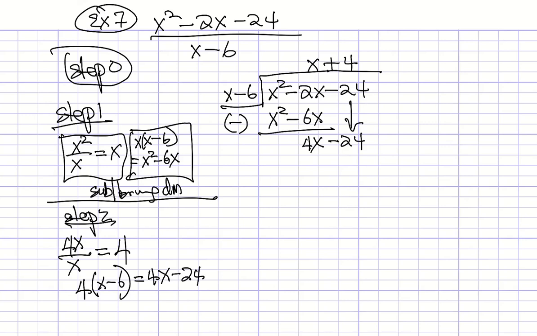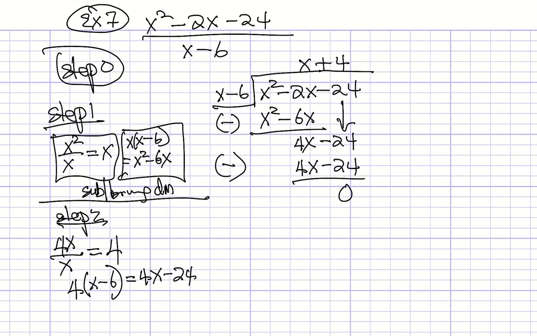And then you put it here, you say 4x minus 24, okay? And now since you're subtracting, everything will cancel out, you get 0. You're done with that one. Since you're done, what is your answer? You read off your answer where you put them on top there. The answer is x plus 4. There is no remainder, so we'll move on.